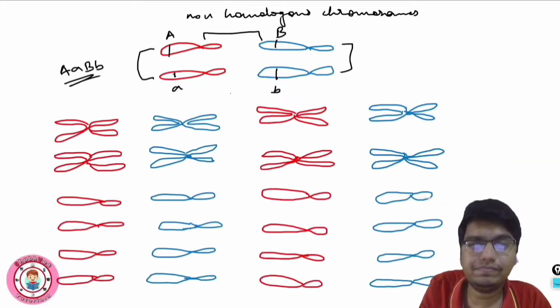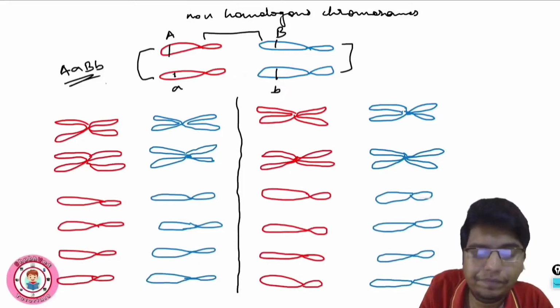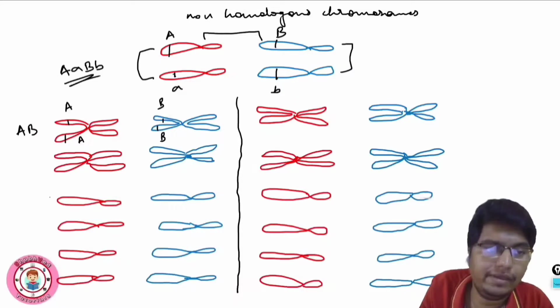So this is two separate things. Okay, now what happens, see, first the combinations are: this is capital A, this is also capital A. Okay, this is capital B, this is again capital B. So we can write here as AB, right?